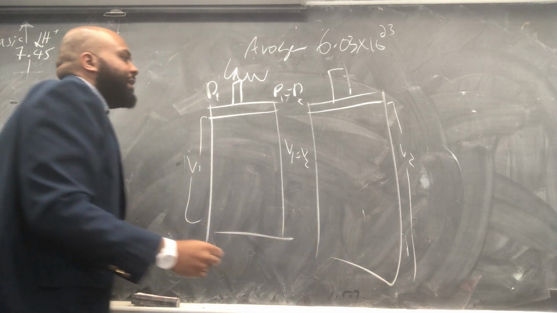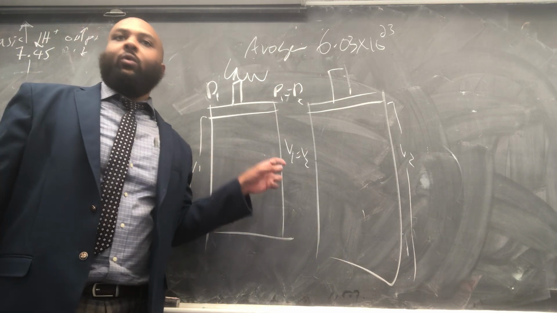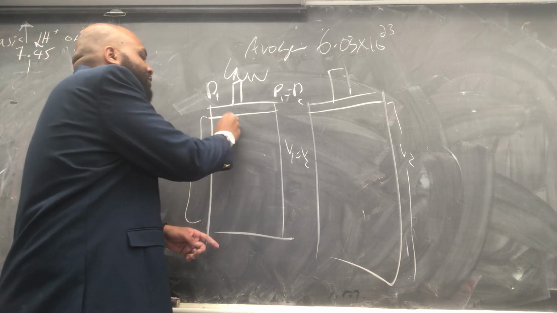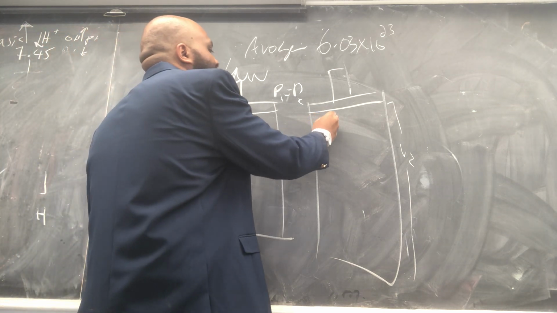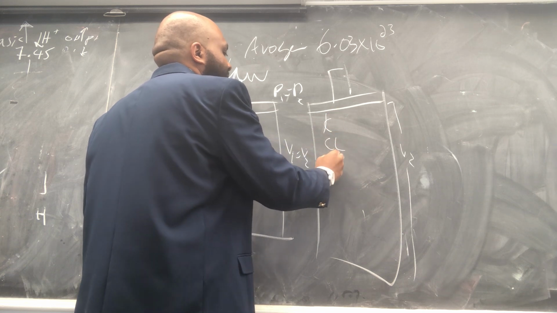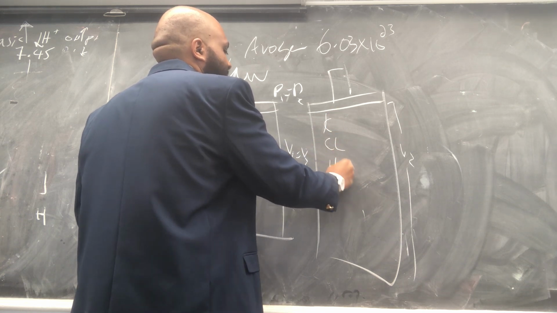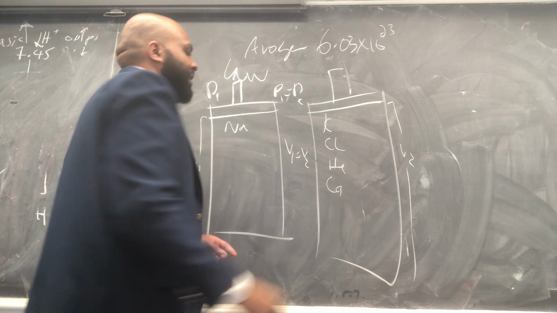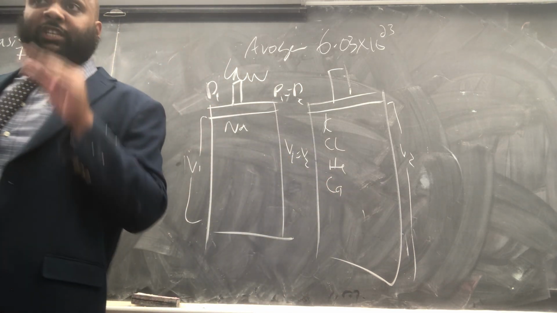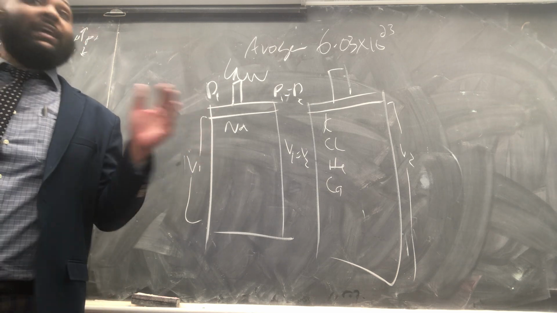No matter what atom you put in there, sodium in chamber 1, potassium in chamber 2, chloride, helium, calcium, they're going to be equal in the number of moles. Which is very interesting because they don't weigh the same.